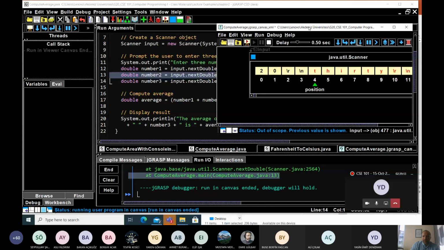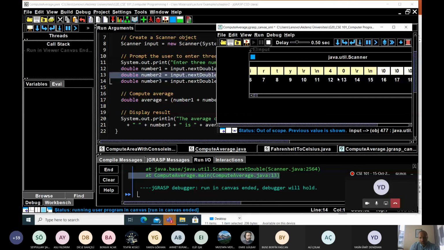Then it tried to read these characters as another double, but there was a problem. This cannot be a number. And so it never got to reading the rest because the exception happened, the runtime error happened, and it wasn't even able to read these at all. I hope that's clear.